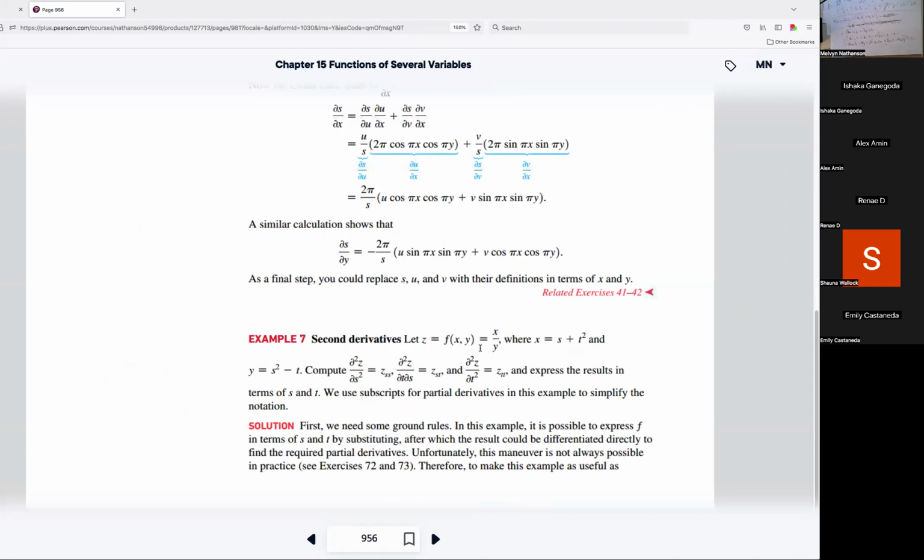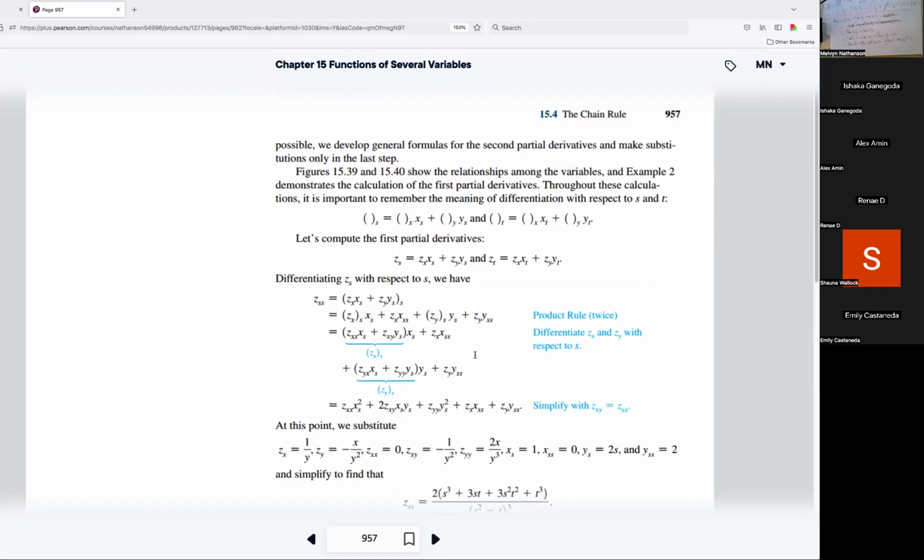It's a function of 2 variables, but x and y are each functions of 2 variables, s and t. X is s plus t squared and y is s squared minus t. So this is the partial of z with respect to s and the partial of z with respect to t by the chain rule. If I want to differentiate this again with respect to s, it's this with respect to s.